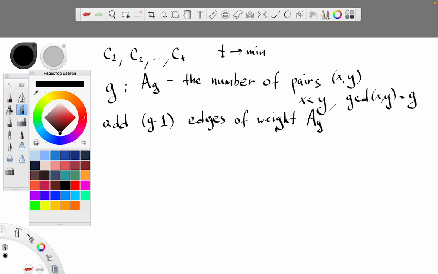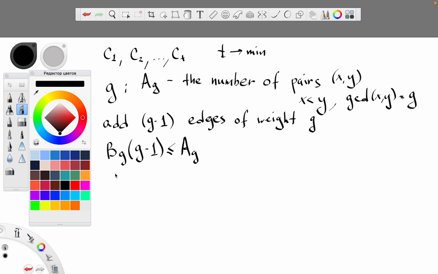So the total number of weight g edges will be some number multiplied by g minus 1, and it should be at most the number of pairs in which we can use this weight.